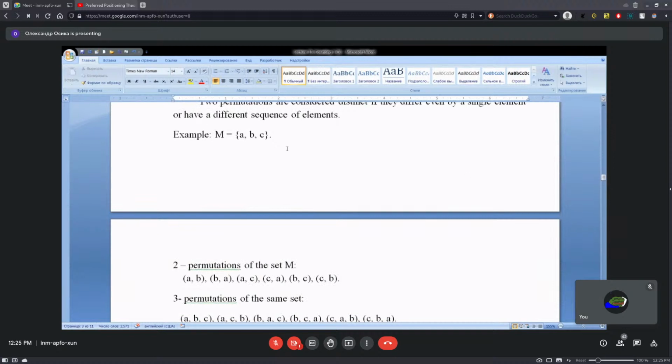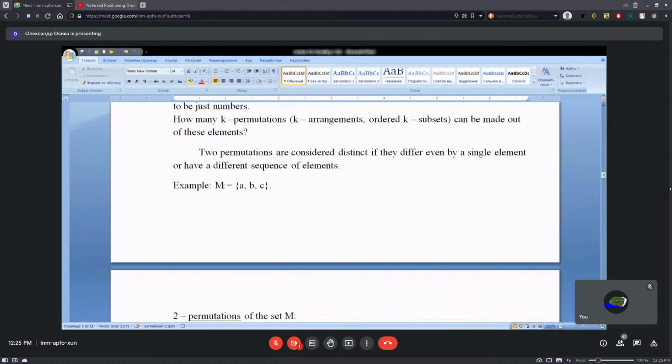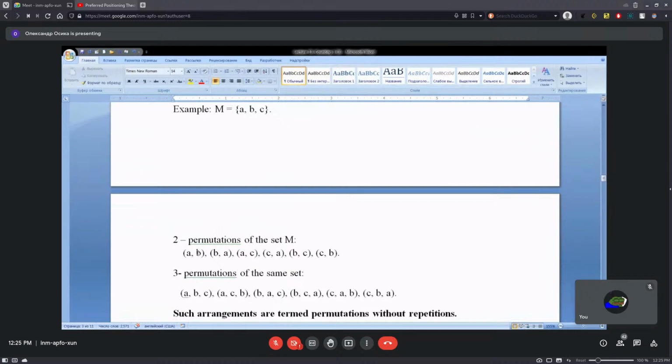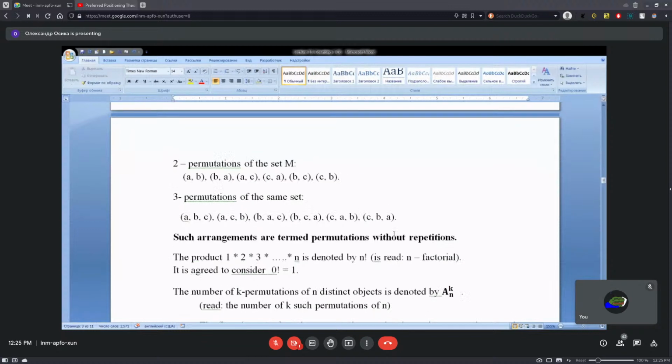Example. We have to first of all understand what we mean by a permutation. M is A, B, C. Two permutations: AB, BA, different sequence; AC, CA; BC, CB. So 6 two permutations. Three permutations of the same set: ABC, ACB, BAC, and so on.